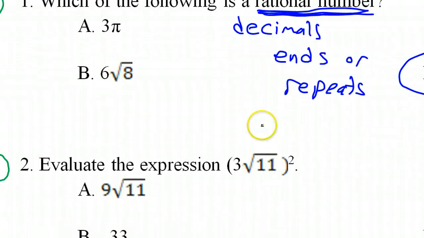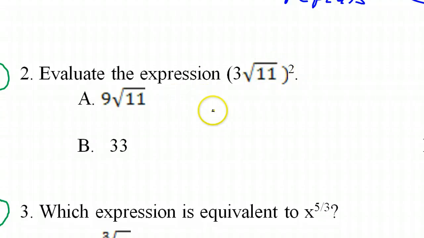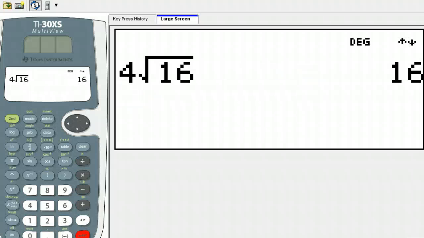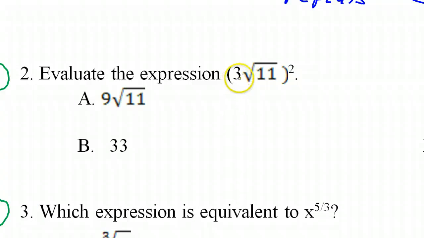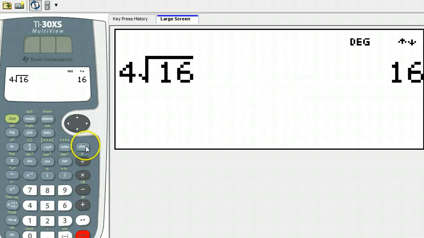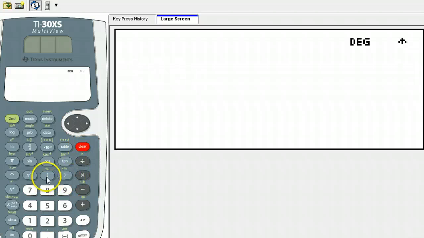Now this one. I'm going to show you how to do this by hand. But this is multiple choice. You have no excuse for getting this problem wrong when you consider the fact that your calculator will do this problem for you. And you all had calculators in your hand when you took this test. So I just don't understand anybody who got this problem wrong. So we have 3 radical 11 squared. First off, let's type this into our calculator.